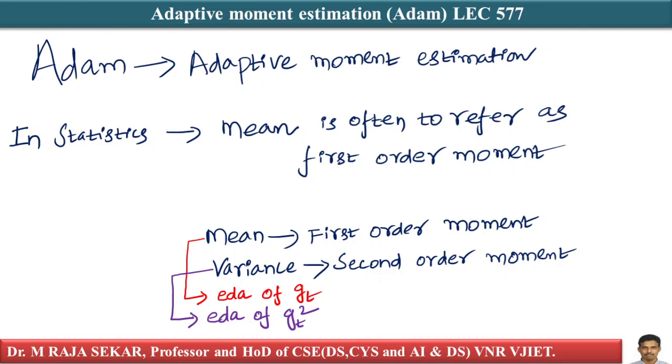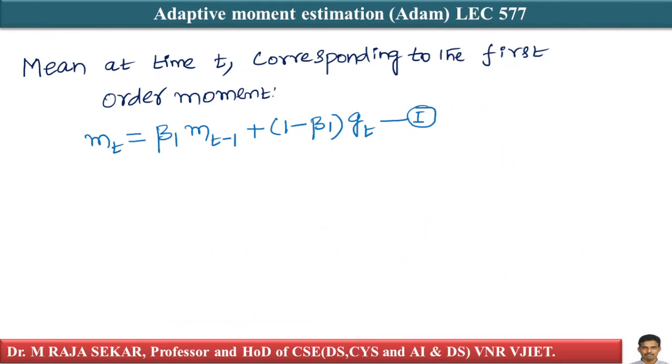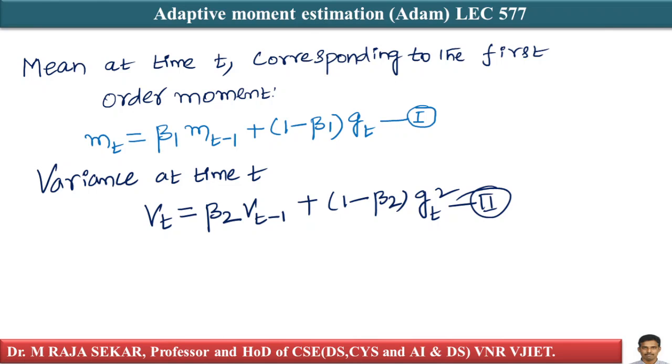So let me write down the equations. What does this equation say? The mean at time t, mt, corresponding to the first order moment, is equal to beta 1 into mean at t minus 1 plus 1 minus beta 1 into gt. Let it be equation 1. Similarly, variance at time t equals beta 2 into vt minus 1 plus 1 minus beta 2 into gt square.